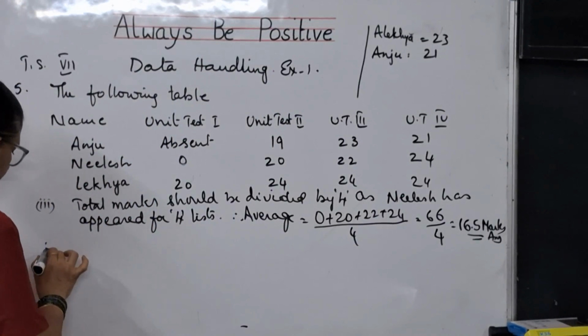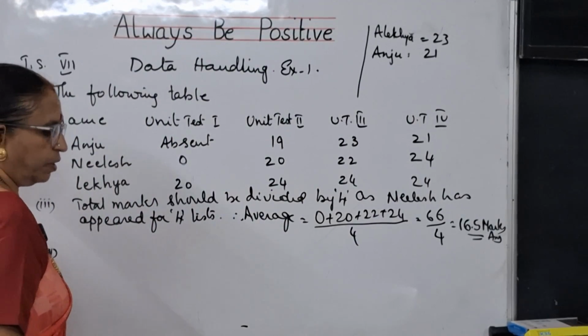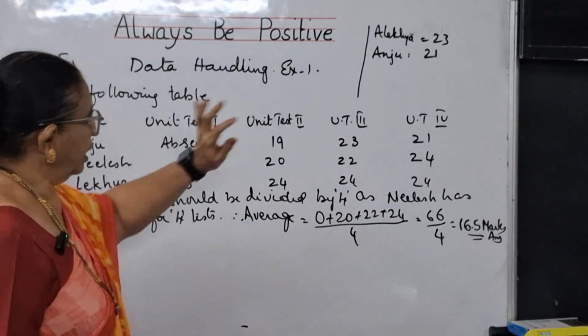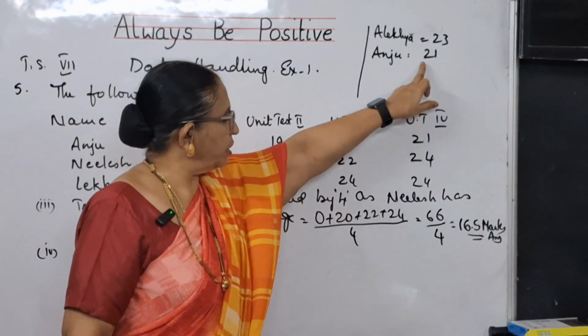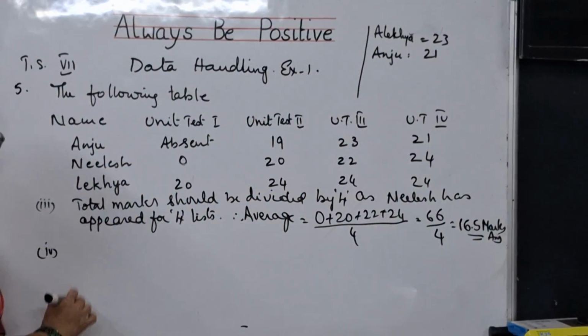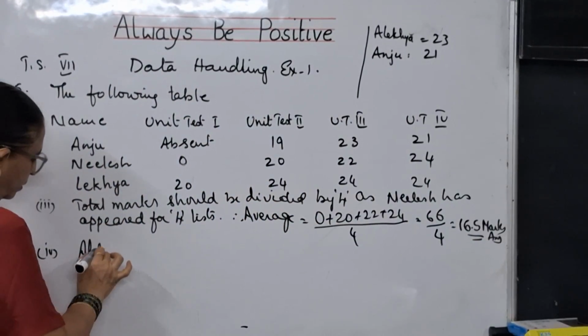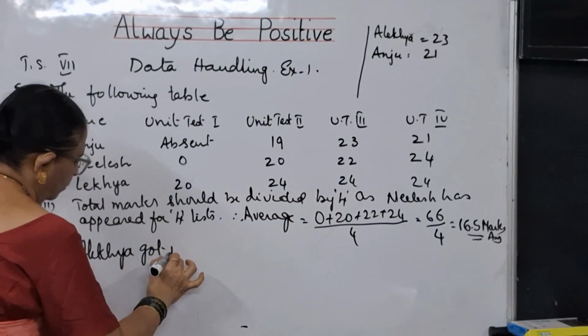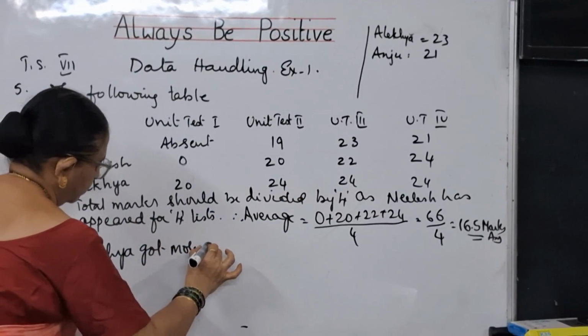Next, fourth bit. Who performed best in English? See, Lekhya got 23, Anju got 21, and Neelesh got 16.5. So, Lekhya got more marks.